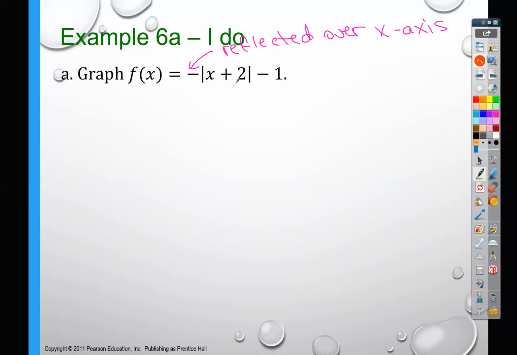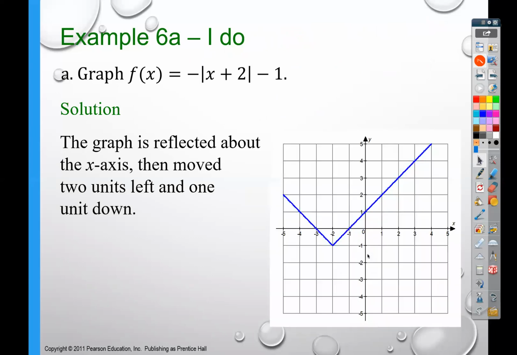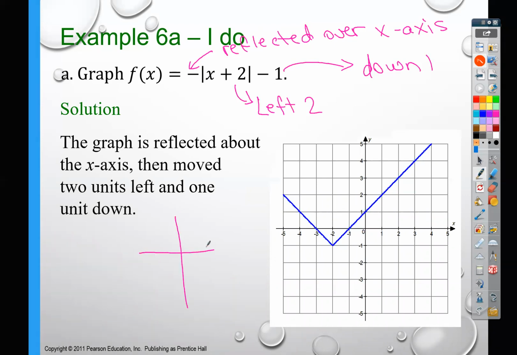And then you have the 2 inside the grouping symbol, which means that you're going to go to the left 2. And the negative 1 outside means that you're going to go down 1. So let's see. So we have the original, remember, absolute value graph just looks like this, right?